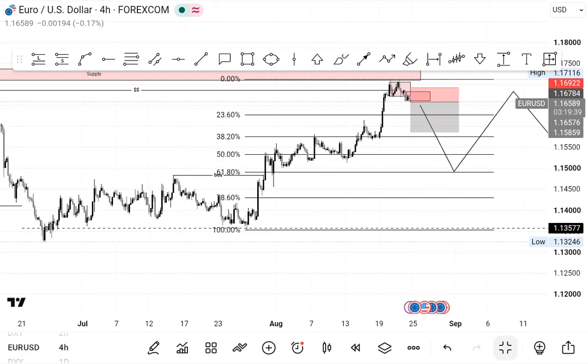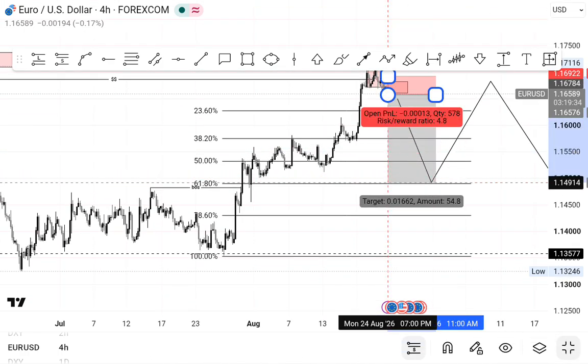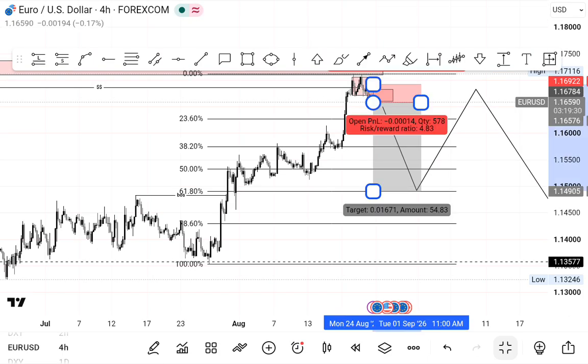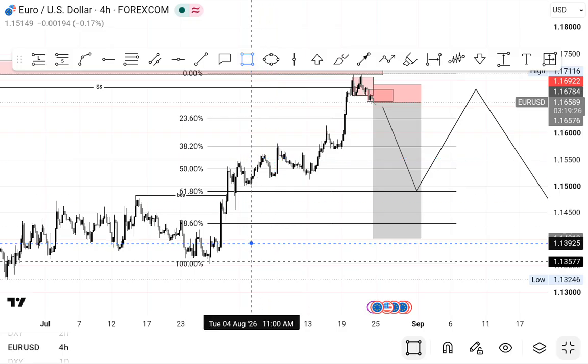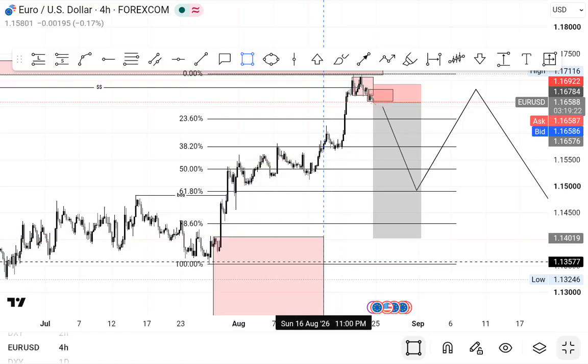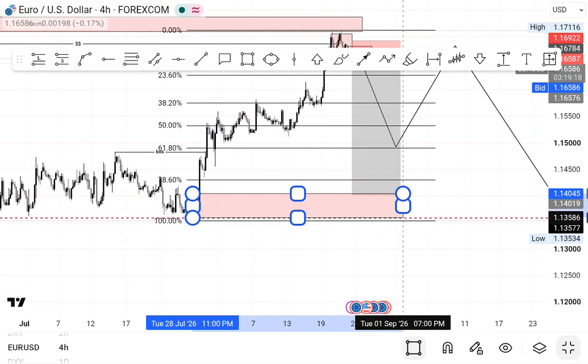Like this, 50% to 61.8. Even if I don't target 78.6 just for tonight, this is 1:4. So since I'll be going to sleep, there's no need for me to target small pips because I'm a swing trader. Since I'm a swing trader, I don't need to risk too much.